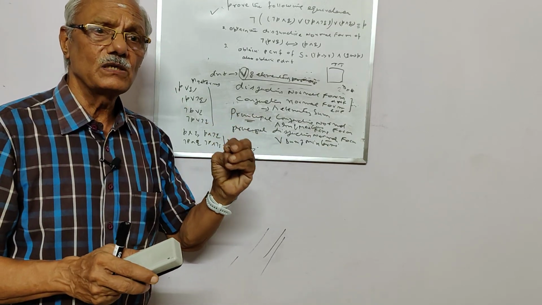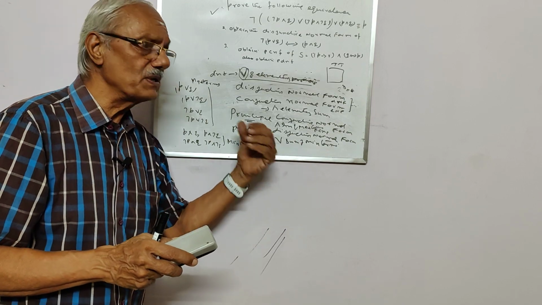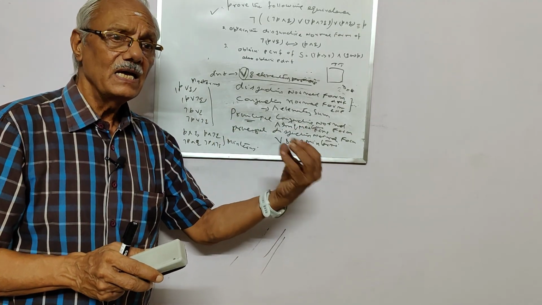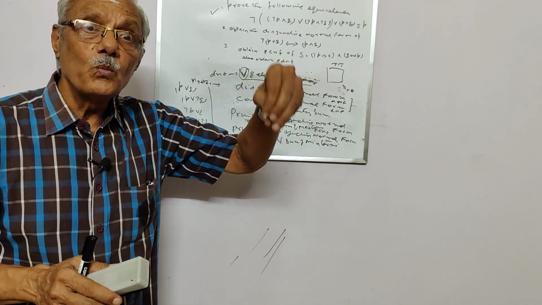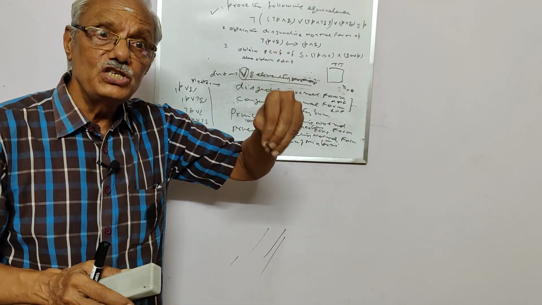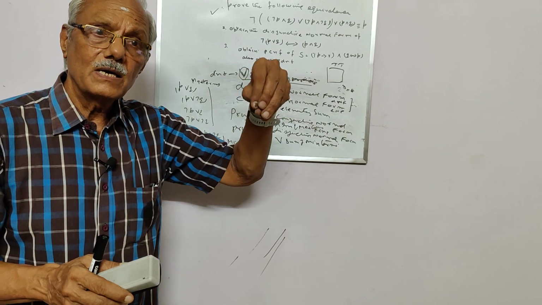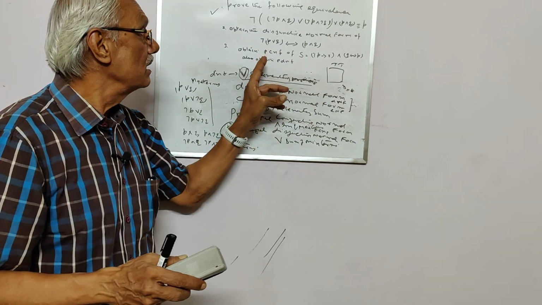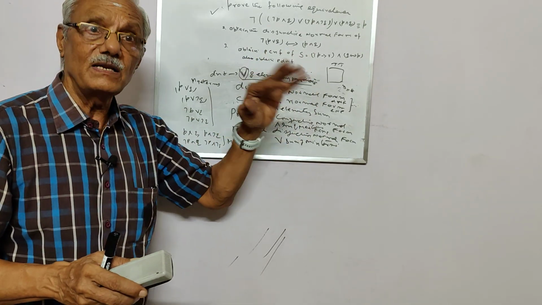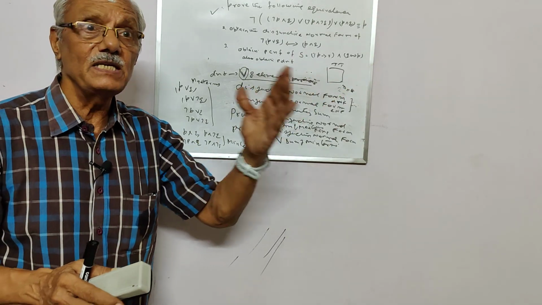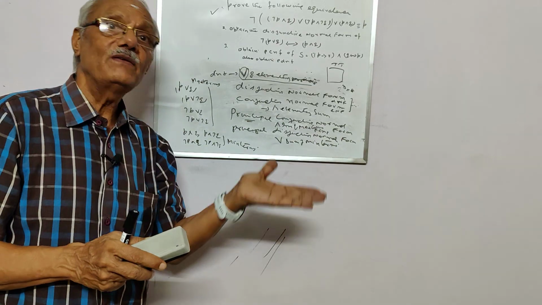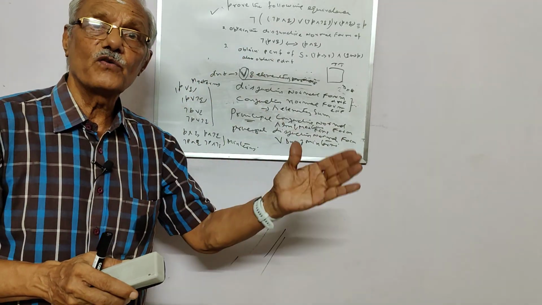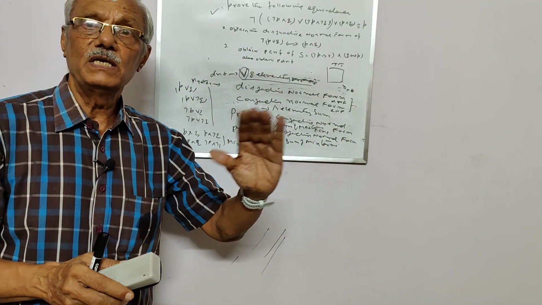The only thing that you must remember is that if you express it in a different way, the meaning of the original compound proposition should not be changed. The compound proposition and its expression in a different form should convey the same meaning.